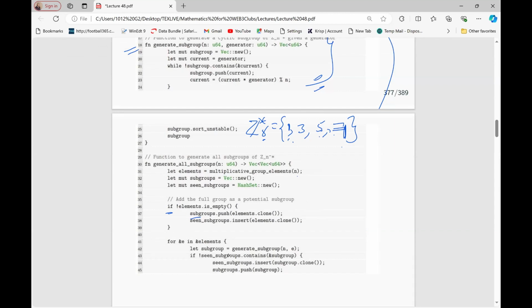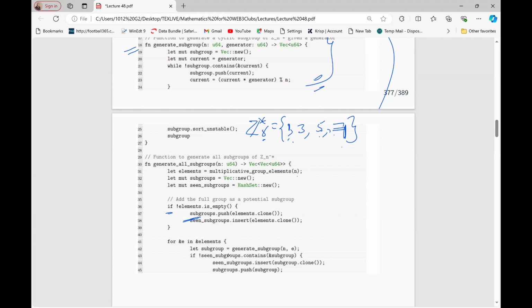Remember we said that a group is its own subgroup also. Is that okay? So what this part is telling us is that if the element is not empty, then push them to the vector that contains the subgroups, as a subgroup.